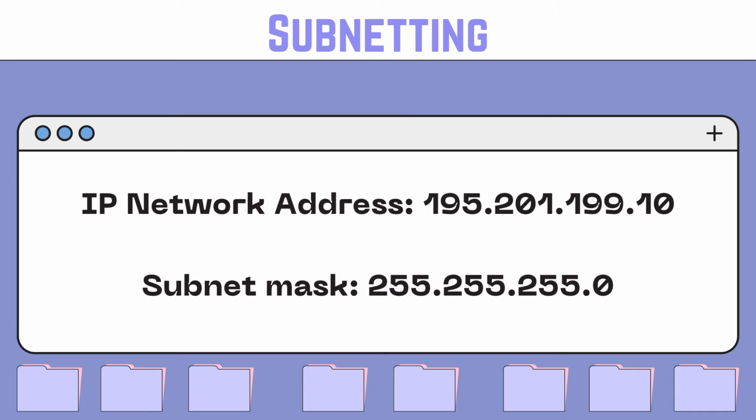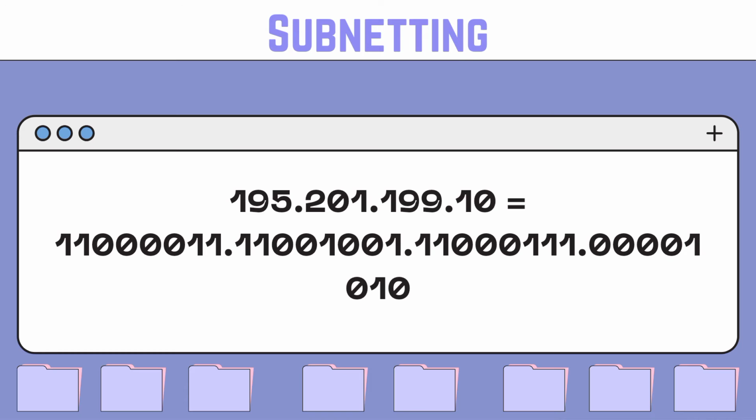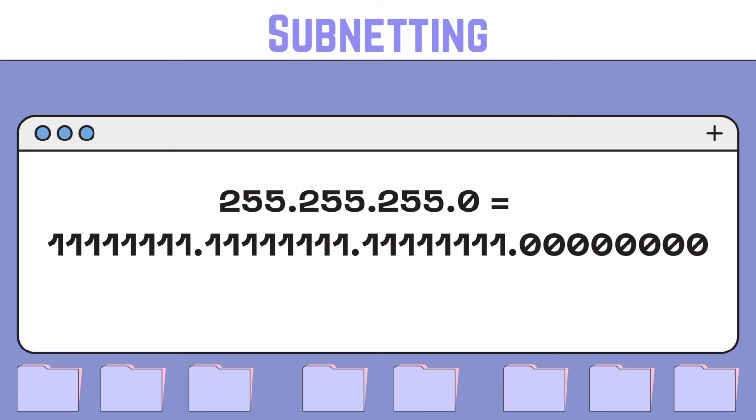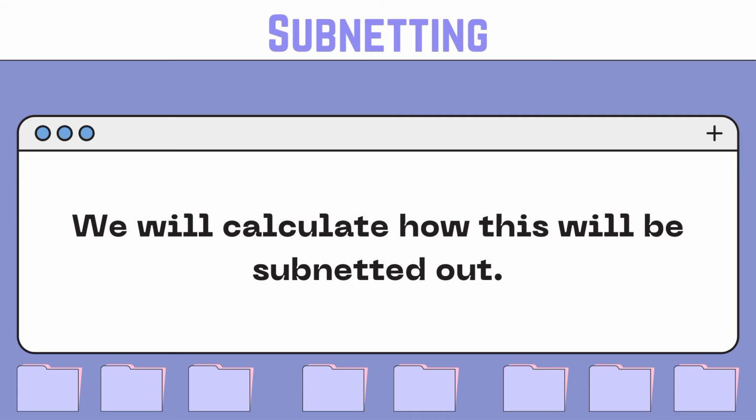That is because this is Class C. 195.201.199.10 is equal to 11000011.11001001.11000111.00001010. 255.255.255.0 is equal to 11111111.11111111.11111111.00000000. We will now calculate how this will be subnetted out.